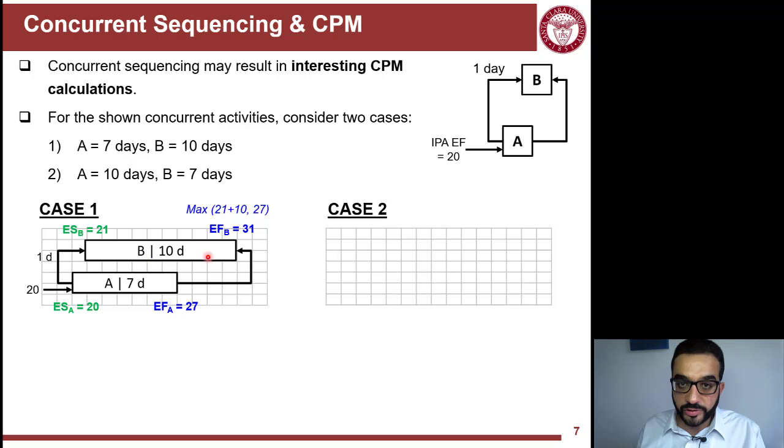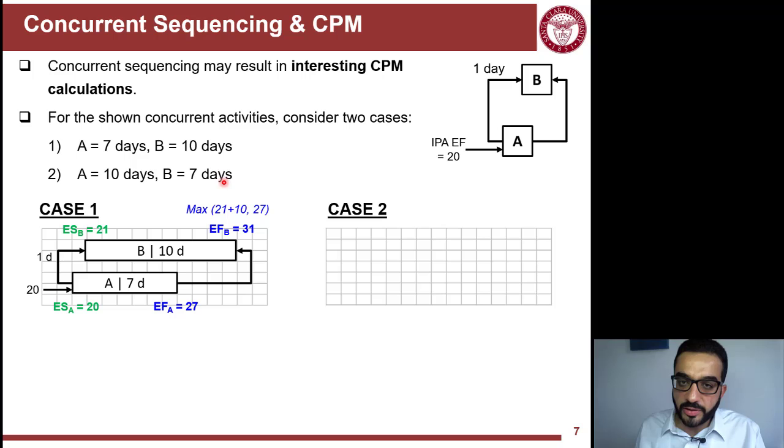A has a shorter duration than B, so A will finish earlier, then B will have this time to finish, which is fine. So here the finish of B is basically dependent on the 10 days that B needs to finish. It's not dependent anymore on the finish of A, although I still have to respect that.